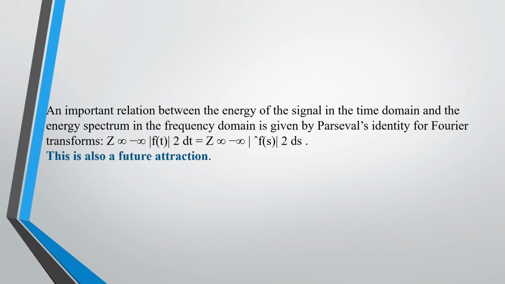An important relation between the energy of the signal in the time domain and the energy spectrum in the frequency domain is given by Parseval's identity for Fourier transforms, which is the integral from minus infinity to infinity of the modulus of f(t) whole squared dt. This is also a future attraction.